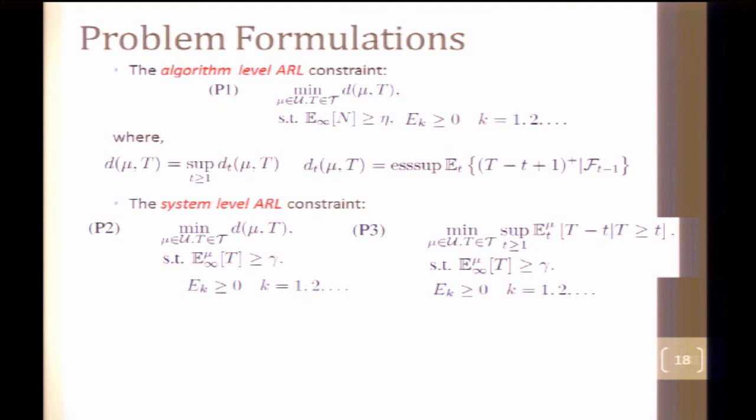Meaning that we want to design a stopping time in which we are going to raise this alarm, and on top of that, we want to design our energy policy that satisfies this causality constraint. So we want to design the scheme in which how you are going to use your energy and how you are going to raise alarm, but we will try to minimize the detection delay with these 2 additional constraints.